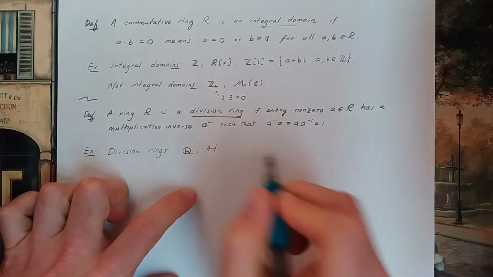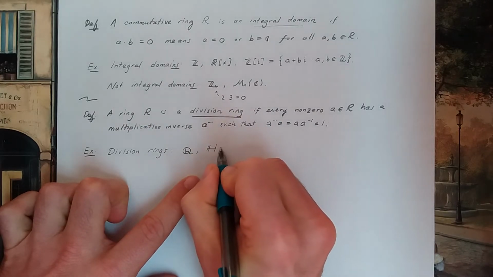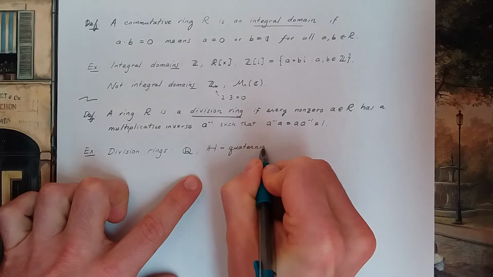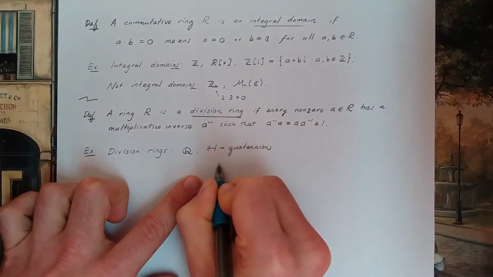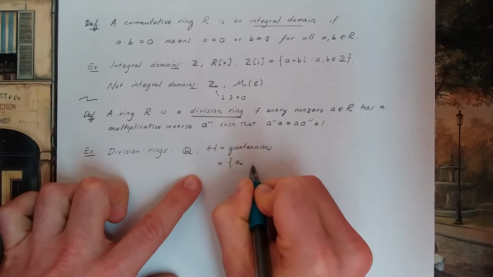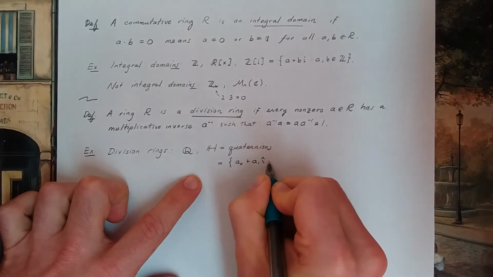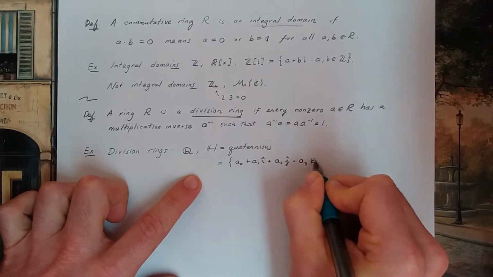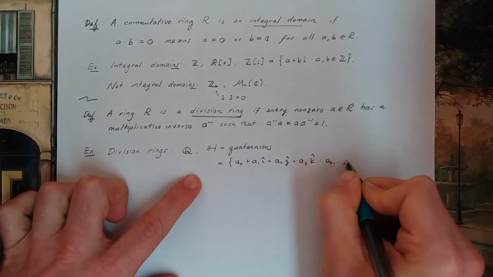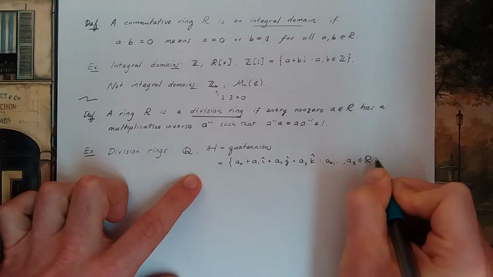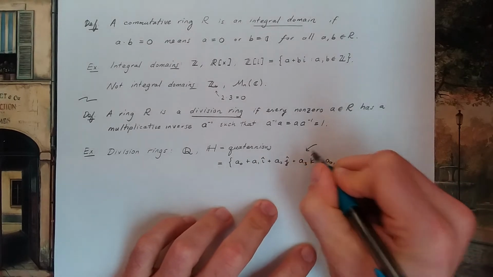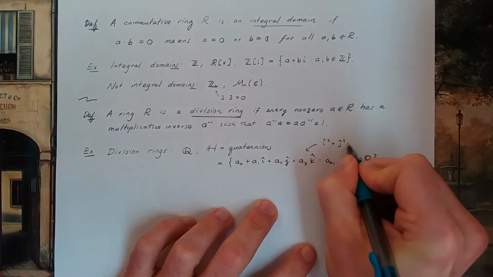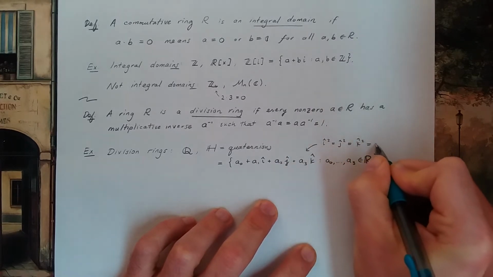Also, I'll let this fancy H denote the quaternions. The quaternions we saw in a previous video, they could be everything of the form a0 plus a1 i plus a2 j plus a3 k, where a0, a1, a2, a3 are real numbers, and these i hat, j hat, k hat satisfy i hat squared is j hat squared, which is k hat squared, which is ijk.